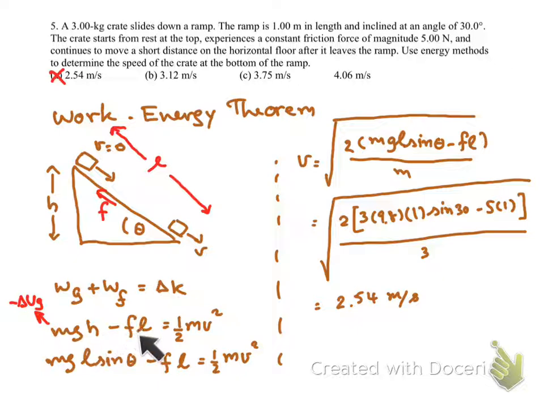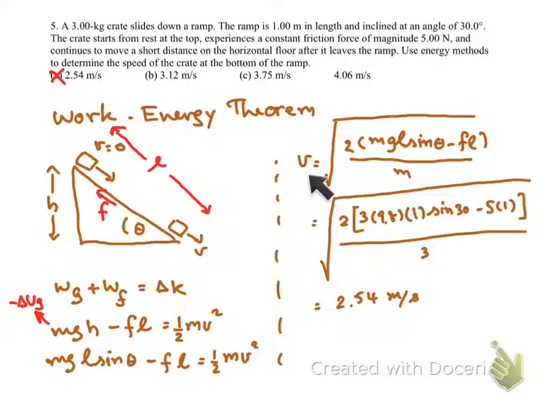So if we add these two terms, it is equal to half of mv squared. But from this triangle, you can see that the height h is related to the length of the ramp by h equal to L sine theta. So if we put h equal to L sine theta here, we get this relation.